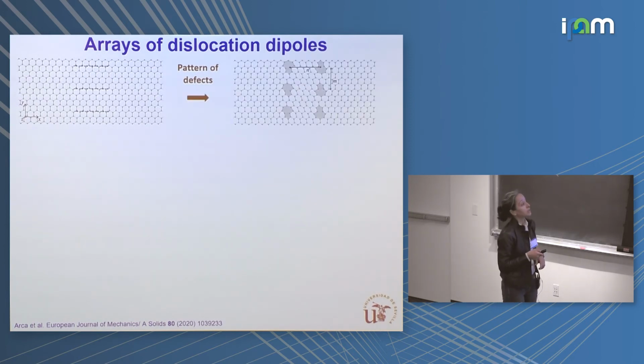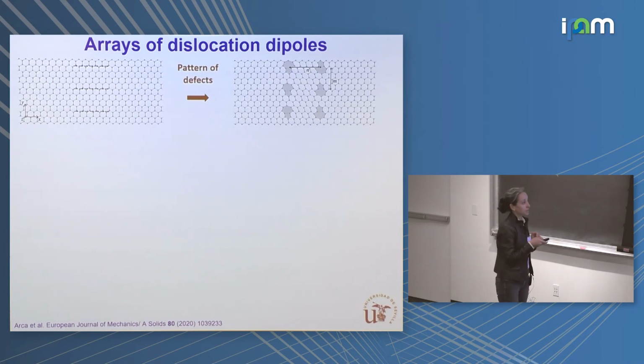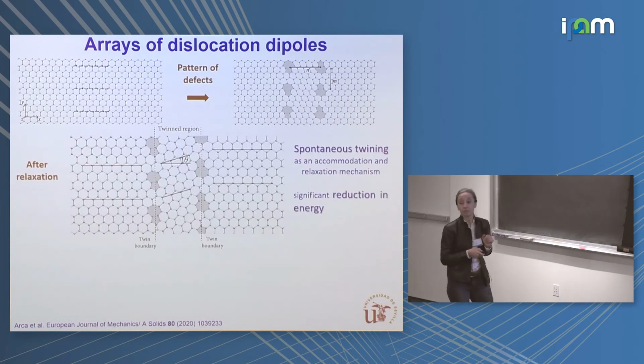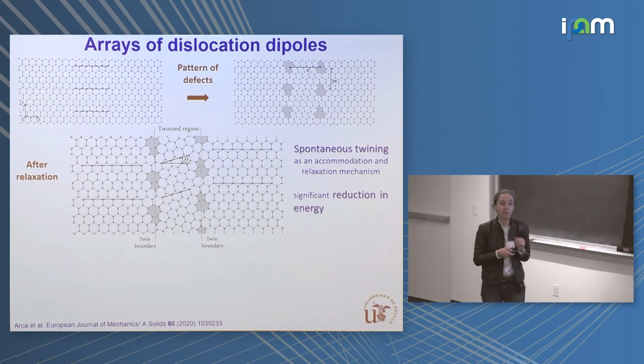Again, we are going to use n and m, although the value of m means the distance between different parallel dipoles. So remember, arrays of dislocation dipoles. This is what we observe, the harmonic part, and this is what happens when you relax. When you relax the configuration, this is what happens in this array of now 5-7 rings.